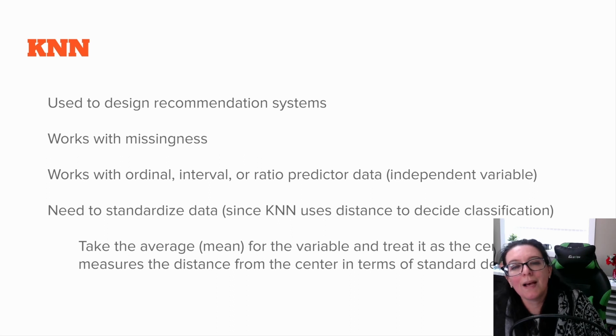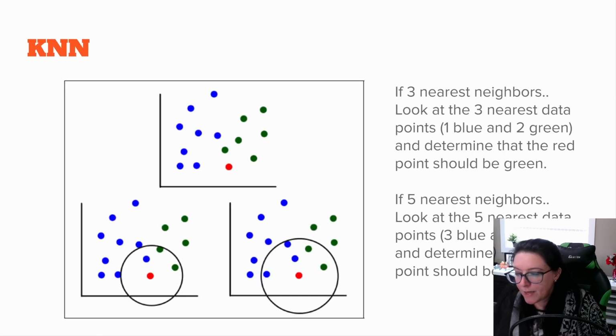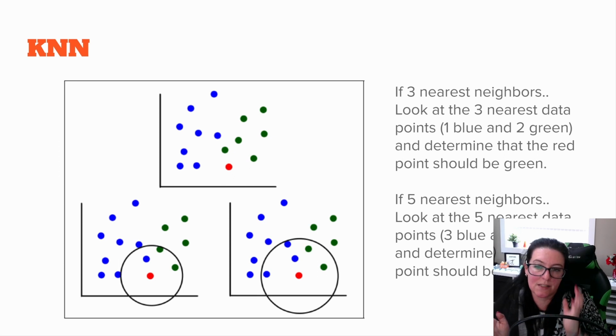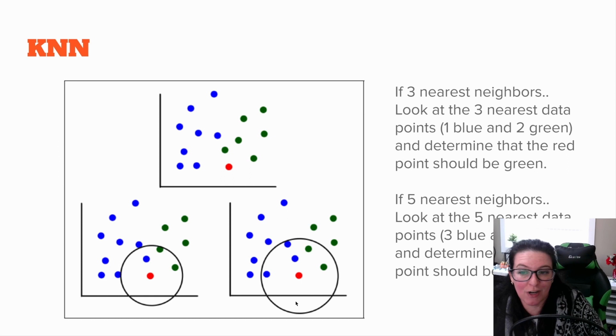Because k-nearest neighbors looks at what is nearest, it actually is a measurement of distance. And so we need to take into consideration that the two variables, whatever is on the horizontal and the vertical, or however many variables you have, might be measured differently.